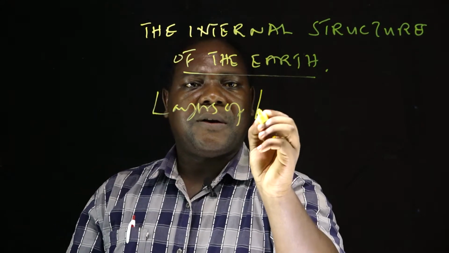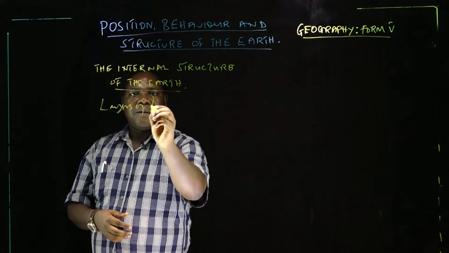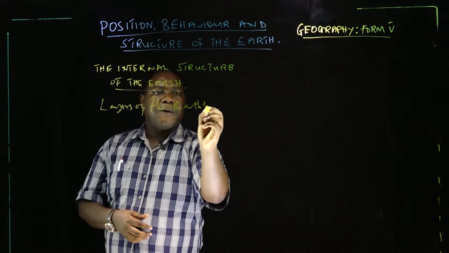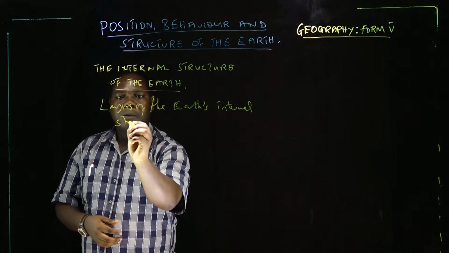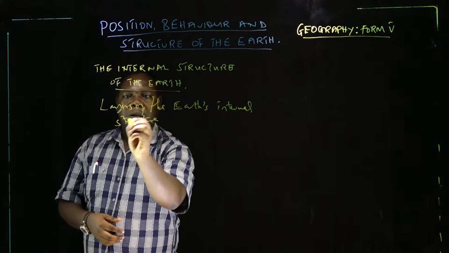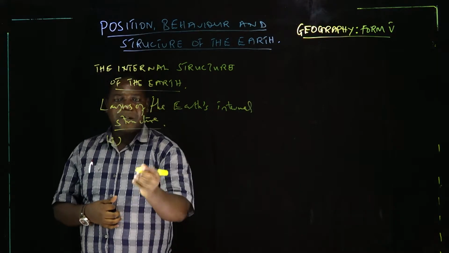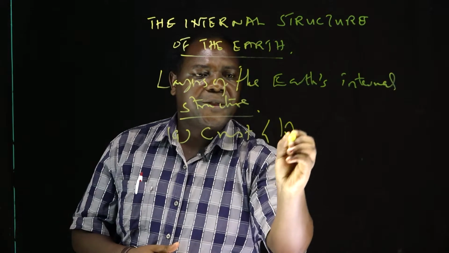Layers of the earth's internal structure. The first layer, as they came up with, is the crust, the earth's crust, or lithosphere.